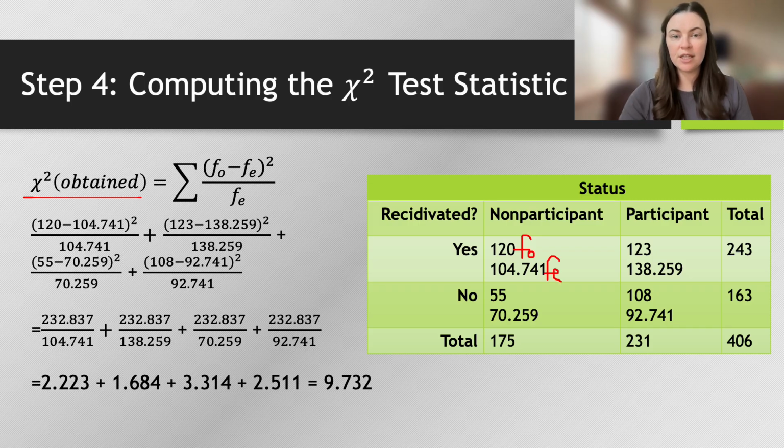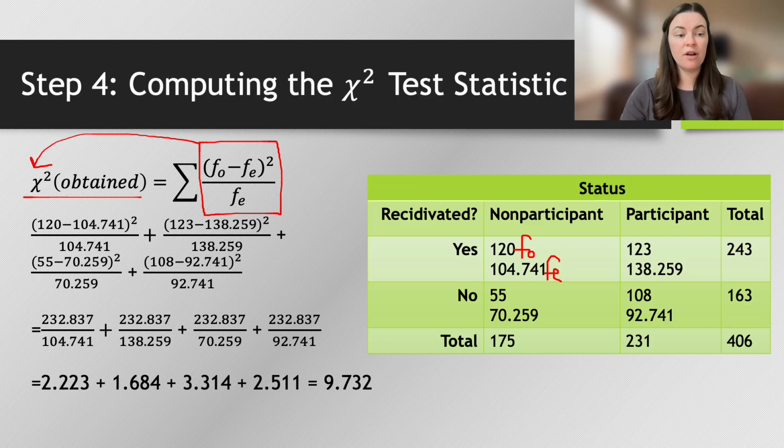It's easier for us to compare these two values quickly and just keep track of them as we work through the remaining calculations. And so, recall that this is a 2x2 table, so we're going to have 4 different calculations that we'll need to do and add all of these together to ultimately determine our chi-square value. And so what you see just below this is me working through the math of this.